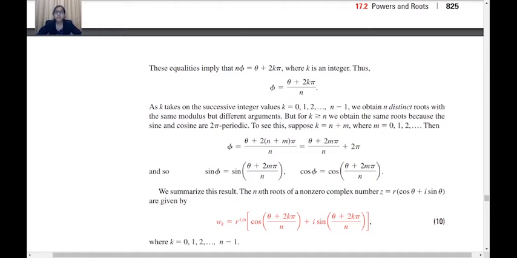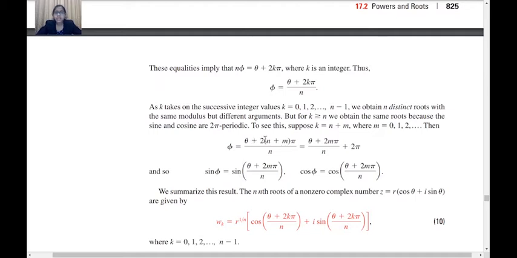The proof is given in your textbook. Suppose that k takes the value n plus m, that is, n plus 1, n plus 2, etc., any value greater than or equal to n. Let us substitute the value of k as n plus m. It will become theta plus 2 times n plus m, times pi, divided by n, right?